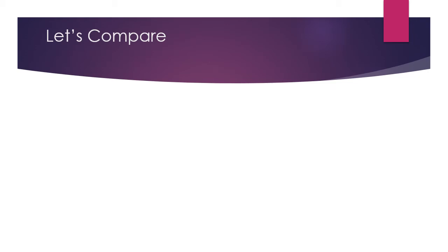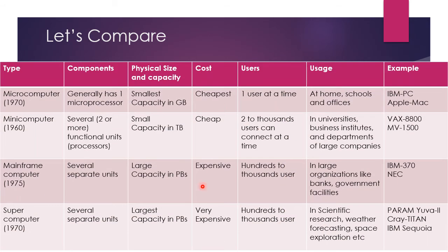Let's compare all the four types of computers that we have discussed so far. Microcomputer came into existence in 1970. It generally has one microprocessor. It is smallest in physical size and its capacity is normally in GBs. Again, nowadays we are getting computers and laptops with space in TB as well.